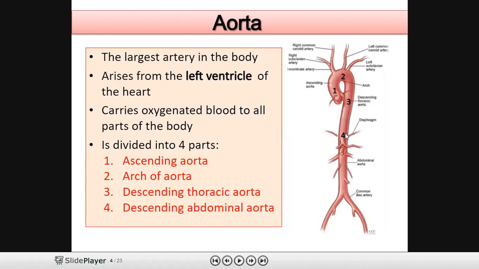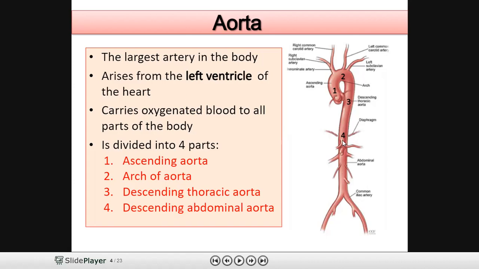And then once this descending thoracic aorta crosses the diaphragm, which separates the thoracic cavity from the abdominal cavity, it becomes what is called the abdominal aorta.